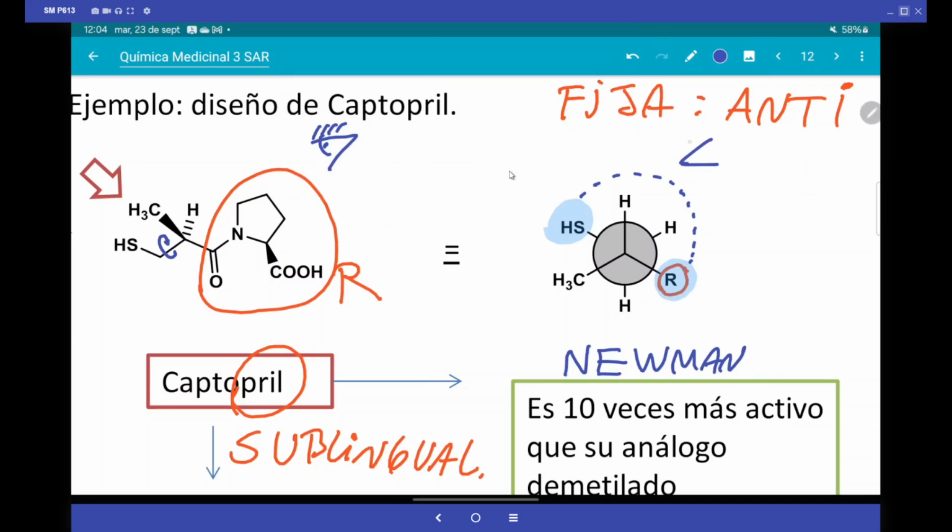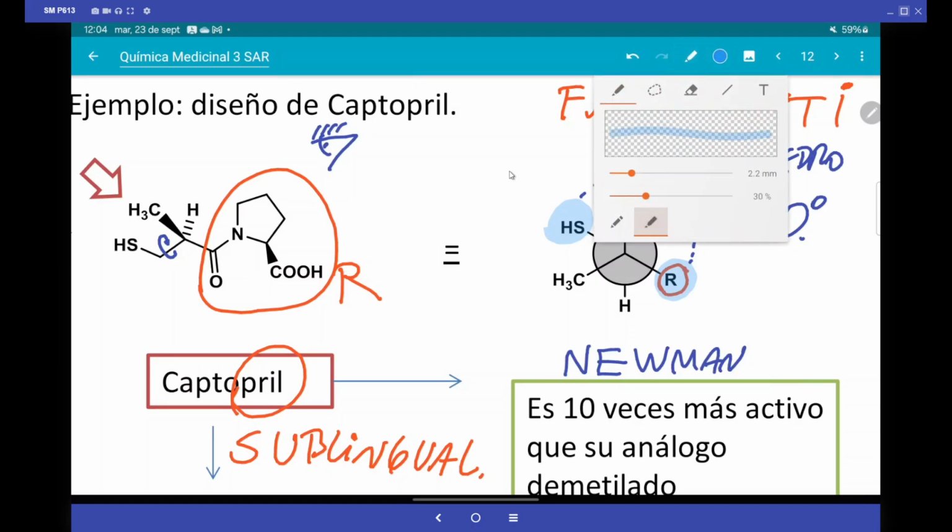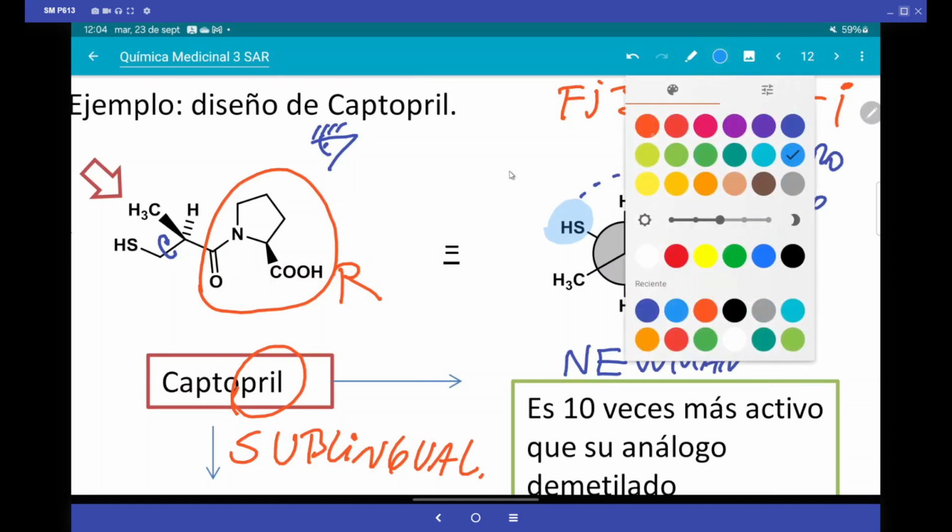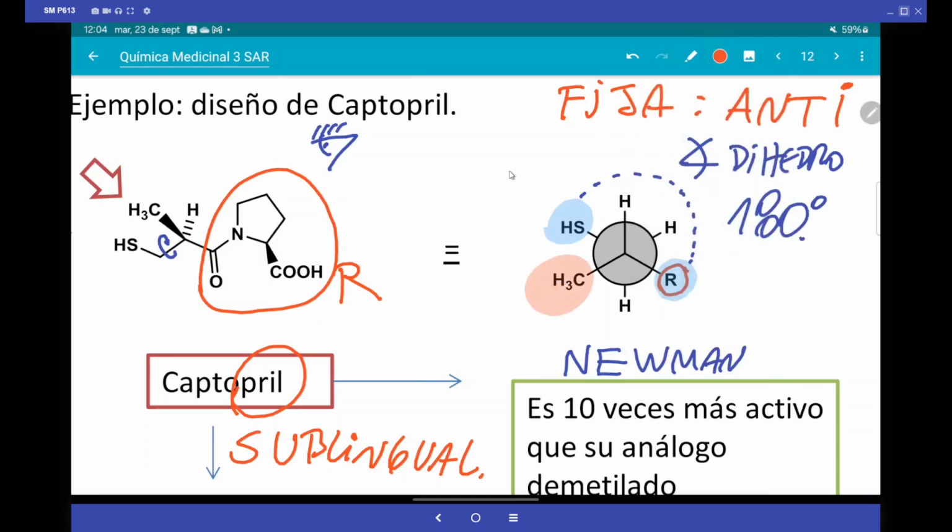A dihedral angle of how many? 180 degrees, very well. And why is the active conformation fixed? Ask: when having the methyl group, is it easier or more difficult to rotate that bond? More difficult, because the methyl generates steric repulsion with the sulfhydryl.